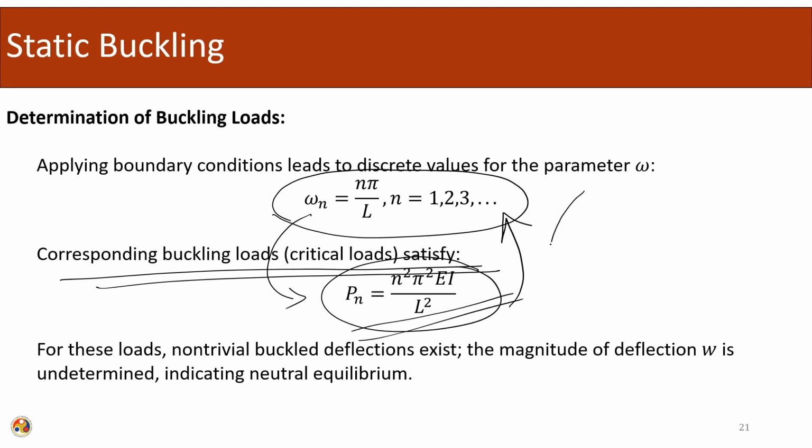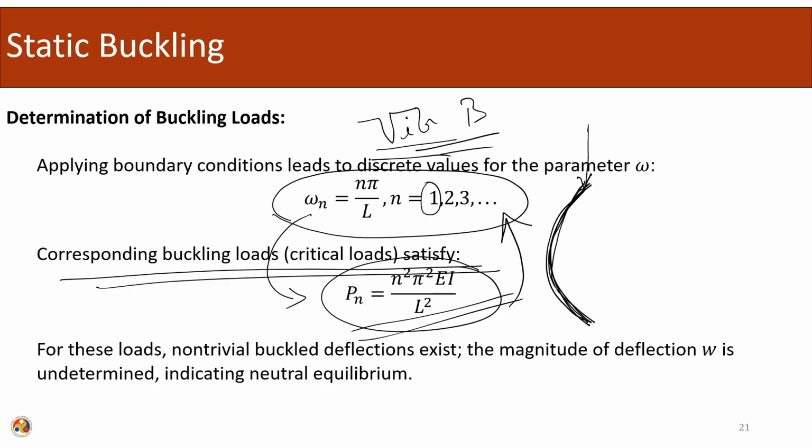In order for the system to buckle in this mode, this is omega equals first mode, the vibration in the first mode. The buckling shape will correspond to the vibrating mode. Remember, this was a case of vibration buckling, so the buckling shape corresponds to a vibration shape.